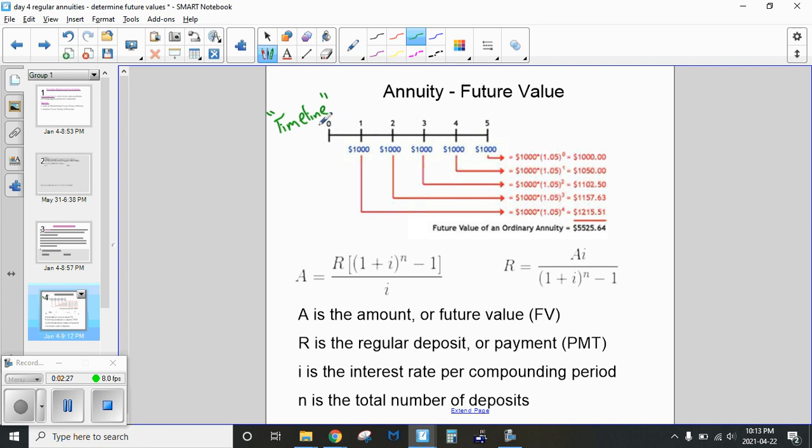So the idea here is in year 0, we have no money, none at all. But after a year, we are going to have $1,000. That $1,000 is going to earn 5% interest, it looks like. And then by the end of 5 years, that chunk of money will be worth 1,200.